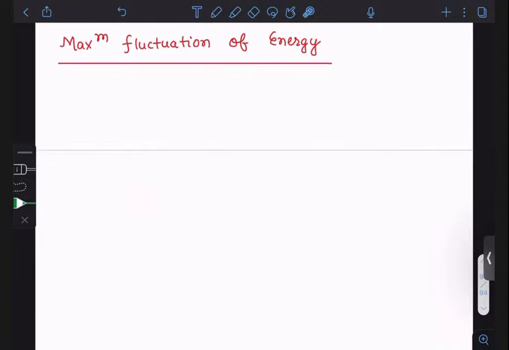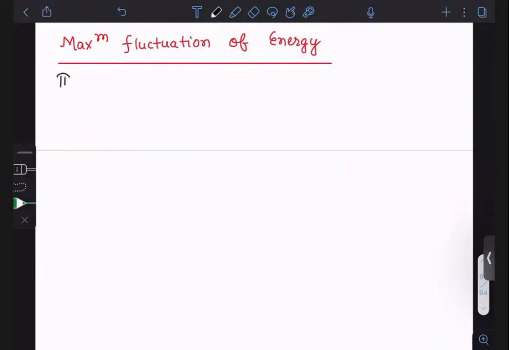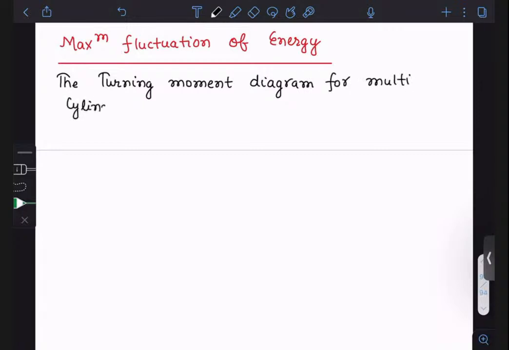So here, everyone see the turning moment diagram for a multi-cylinder engine as shown in figure.